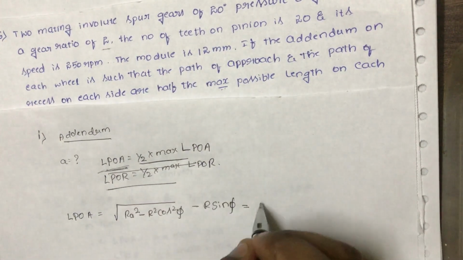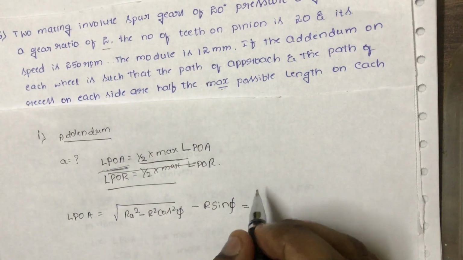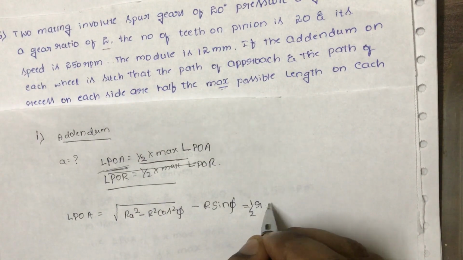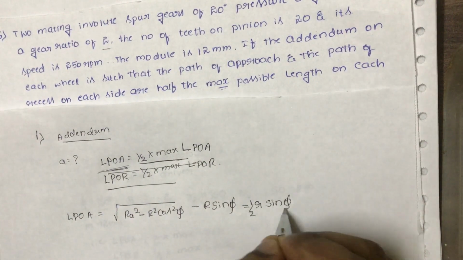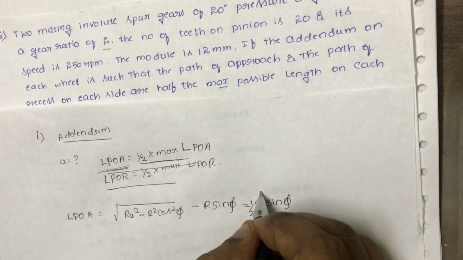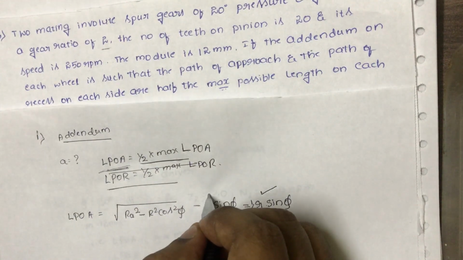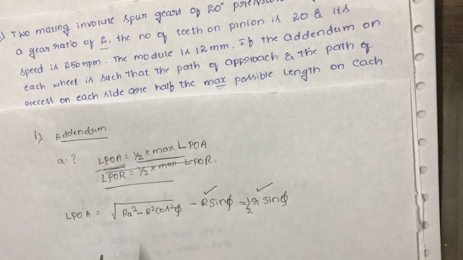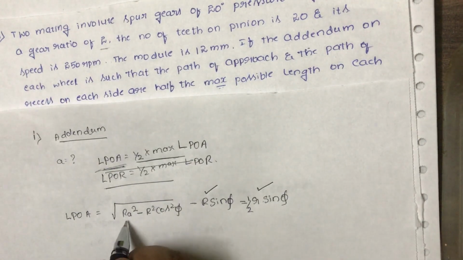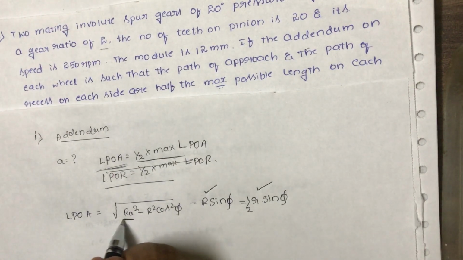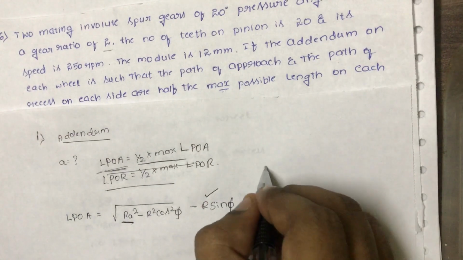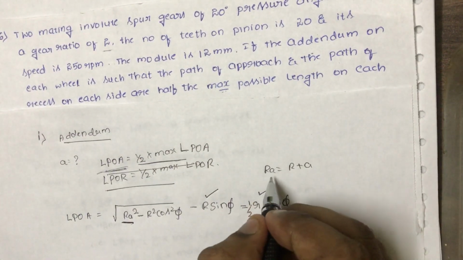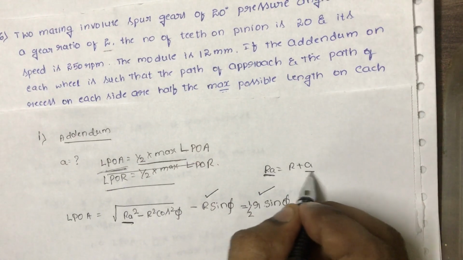For that we are considering small r sin phi, right? Half into small r sin phi. So this radius is related to pinion and this radius is related to gear, right? So to find out the value of RA, because RA is equal to R plus A, if we find RA, it is easy to find out addendum.